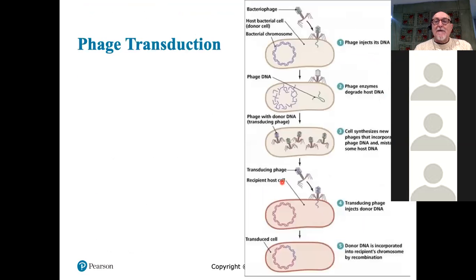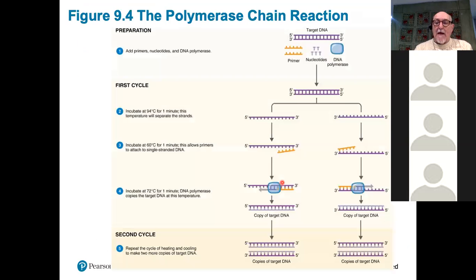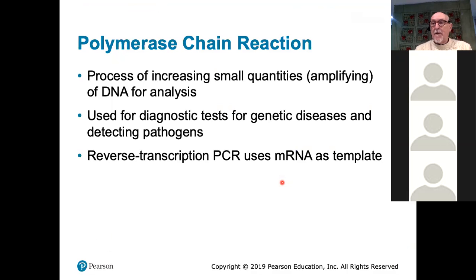But nowadays, there is another way. It's a set of reactions that we run called the polymerase chain reaction. It is a way of taking small amounts of DNA and amplifying them. Amplification means that you increase the number of copies of that DNA.